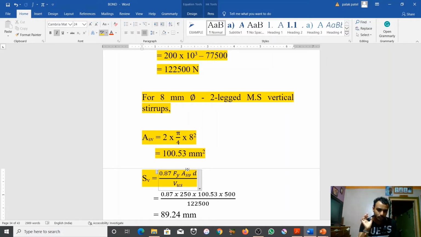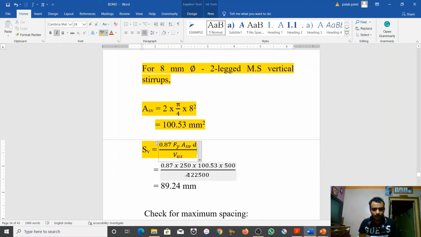So fy is 250, Asv 100.53, depth 500, Vus we found out 122500. So Sv is 89.24 mm.